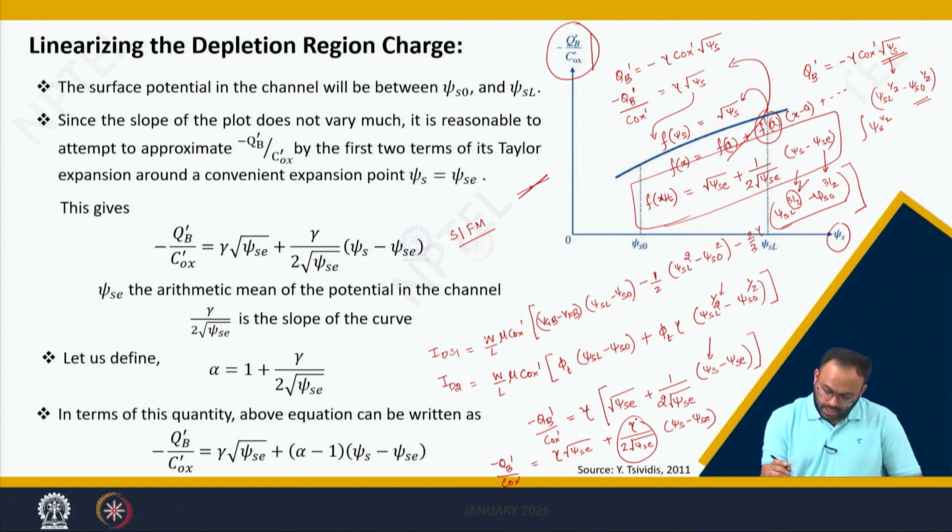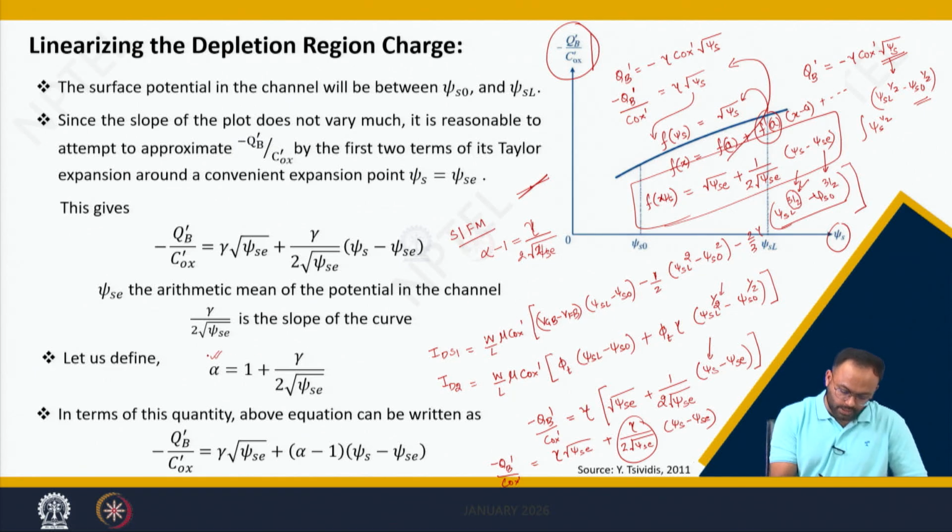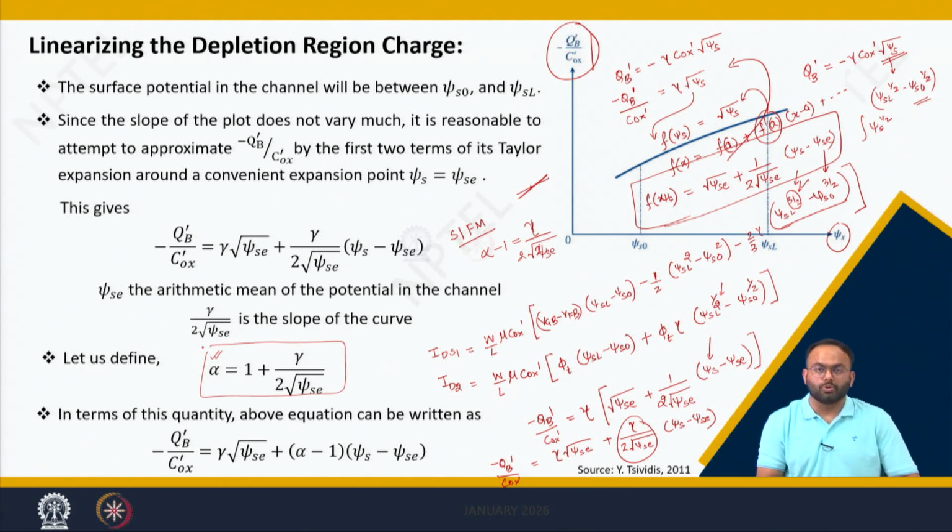This factor can be written as alpha minus 1, gamma divided by 2 times of psi SE, or you can assume alpha is equals to 1 plus gamma divided by 2 root psi SE. We will explain what is the significance of alpha in subsequent lectures. So, we can rewrite this equation as minus QB dash by Cox dash is equals to gamma times of square root of psi SE plus alpha minus 1 times psi S minus psi SE.